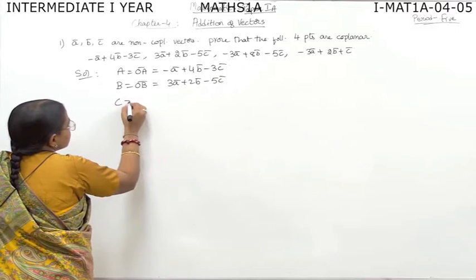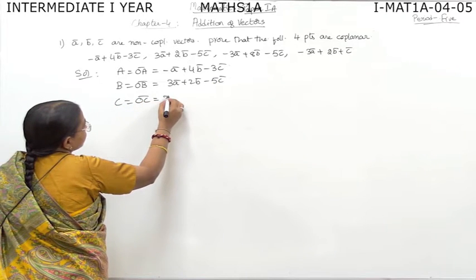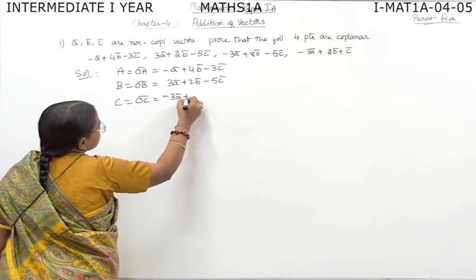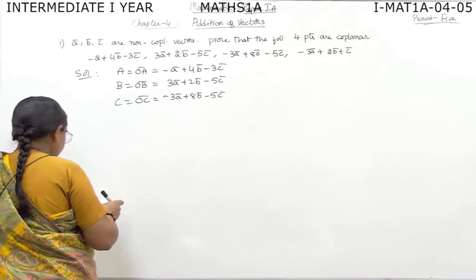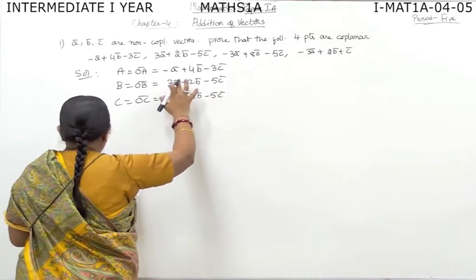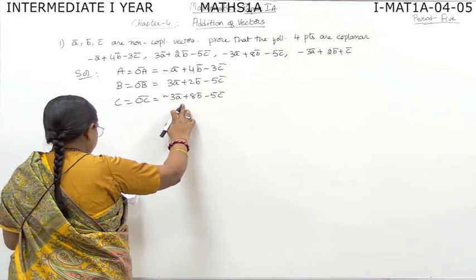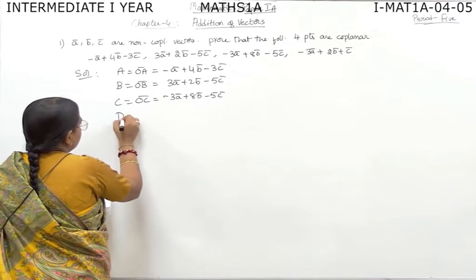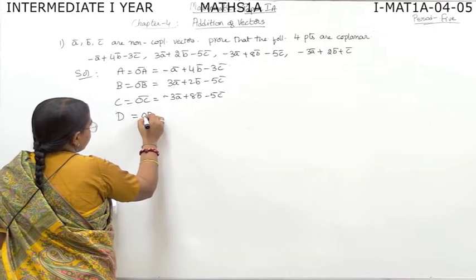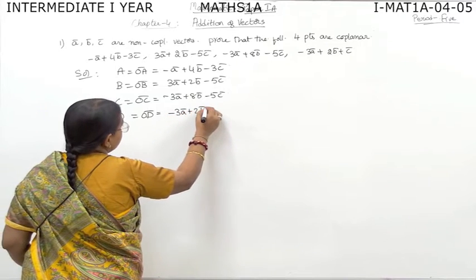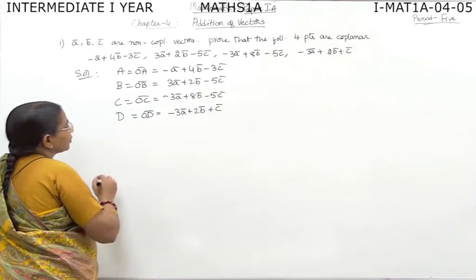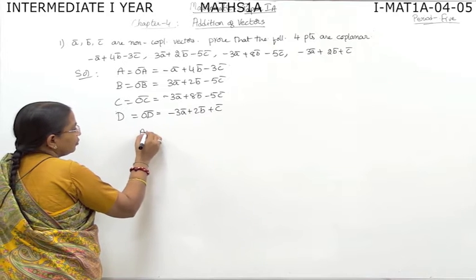And then OC is equal to minus 3A plus 8B minus 5C. OD is equal to minus 3A plus 2B plus C. These are the 4 points. Now we'll convert them to vectors.